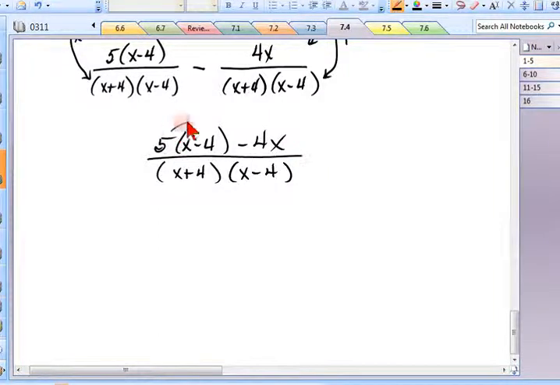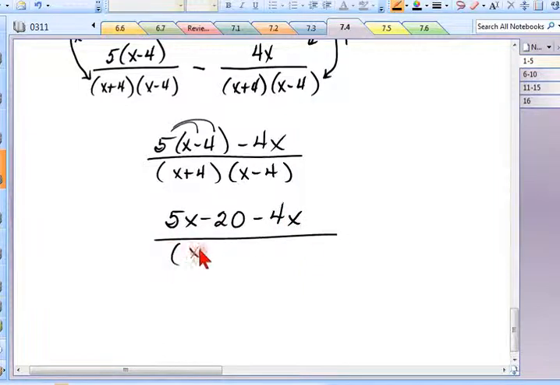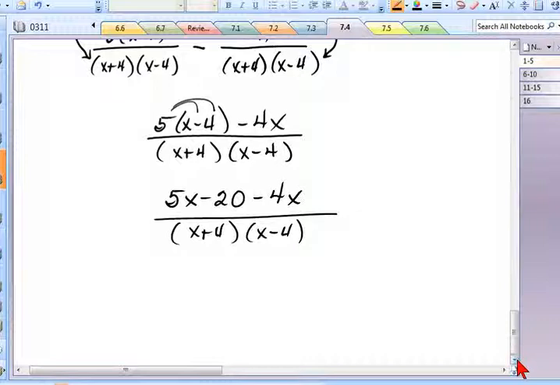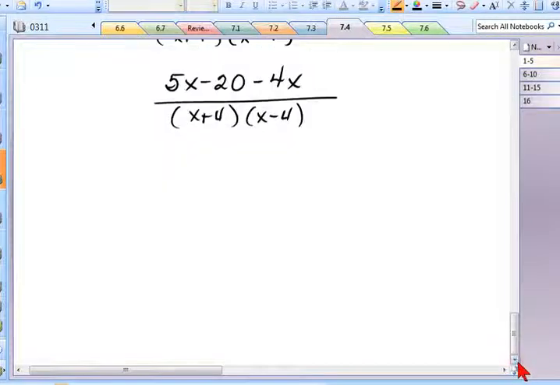I've got distributive property. That gives me 5x minus 20, and I have minus 4x over x plus 4 times x minus 4. I know that these problems get very long to write down, especially since I write down every step you ever thought about having.